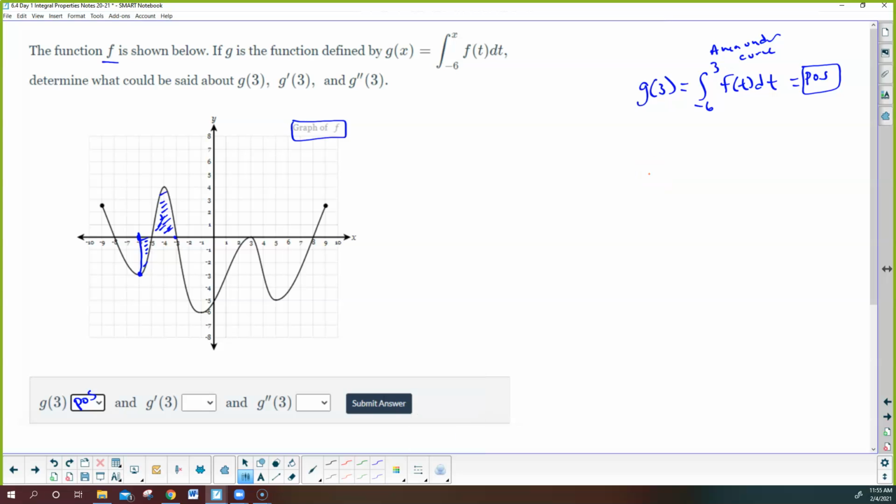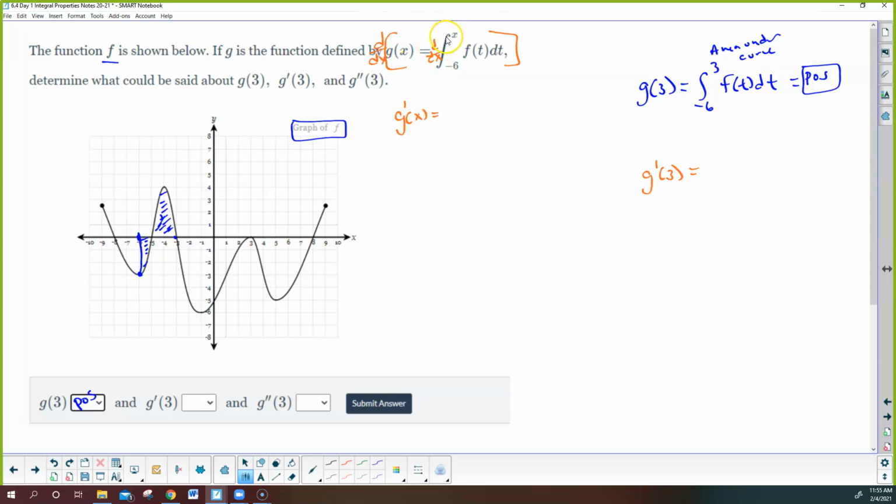Now, I have to figure out what is G prime of 3. But before I can figure that out, I need to figure out how does G prime relate to this graph that I'm looking at. So I need to find the derivative of both sides. Okay, so if I take the derivative of G, I get G prime.